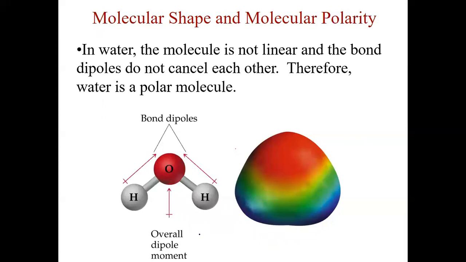In water, the molecule is not linear, and the bond dipoles do not cancel each other out. Therefore, the water molecule is polar. We still have that electronegativity difference between hydrogen and oxygen, so the bond dipoles are both pointing towards oxygen.